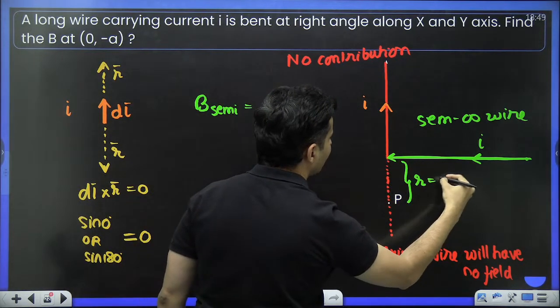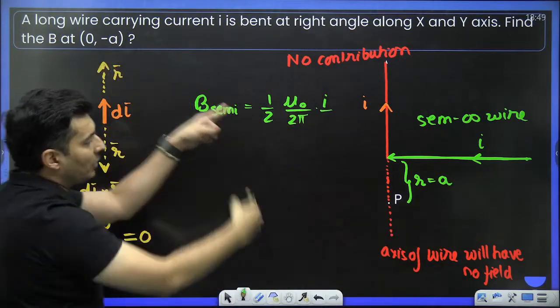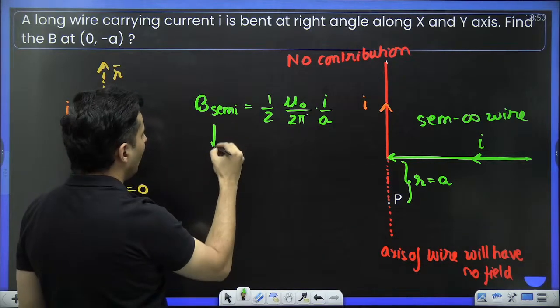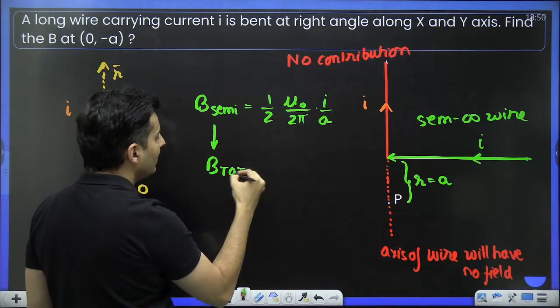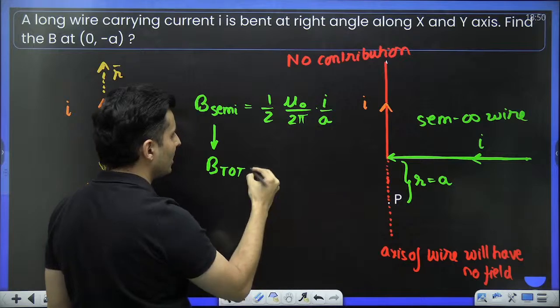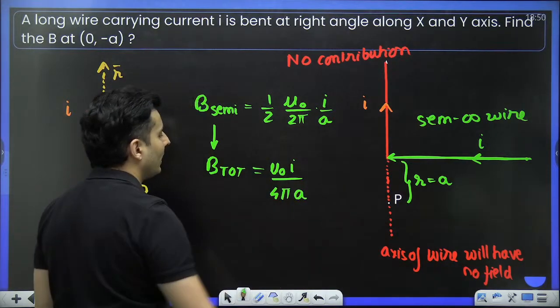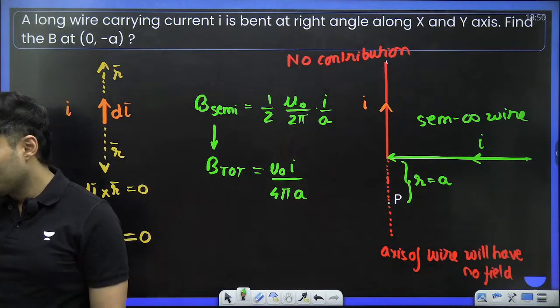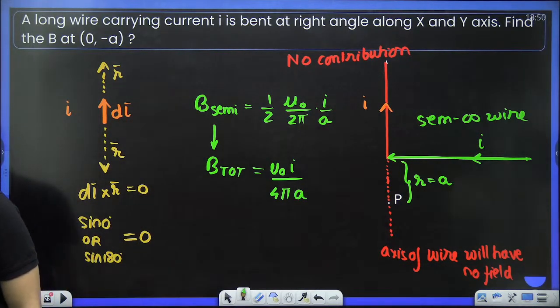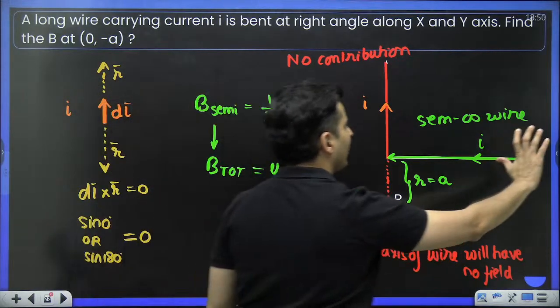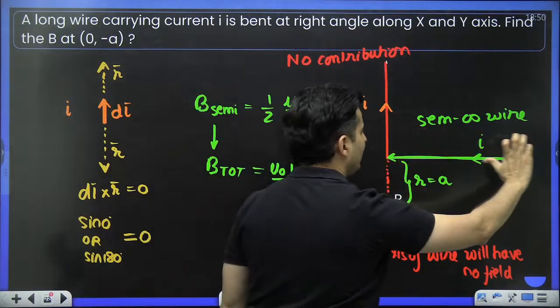So that r is nothing but a, because the coordinate of that point is given to be a. So you will just put a over here. That will also be the total magnetic field, because the other wire has no contribution. So it will be mu naught I by 4 pi a. Is that right, my dear warriors? Exactly, perfect. And if you ask about the direction, well, the current is going like this.